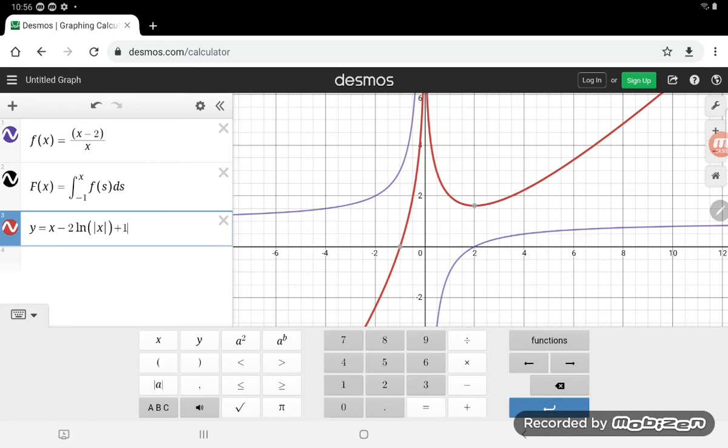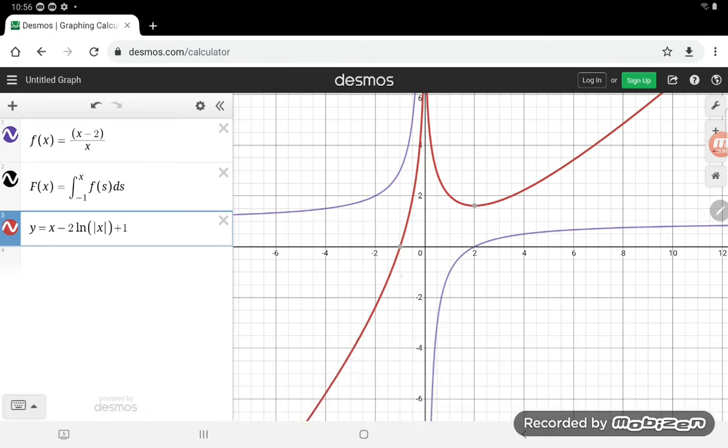Okay, and we see that the red function is the same as the black function, except we also have that right-hand side of 0.